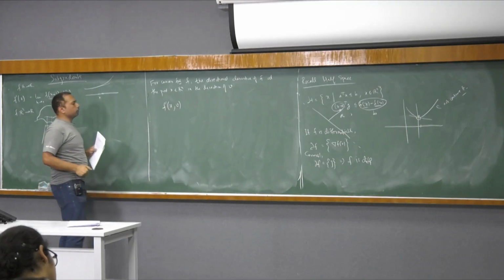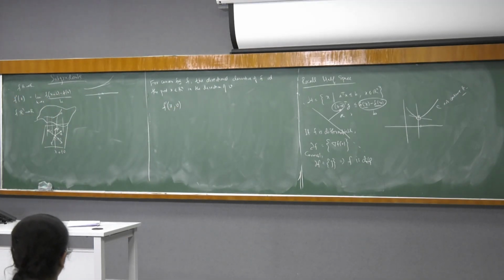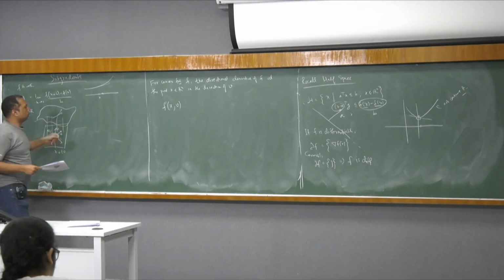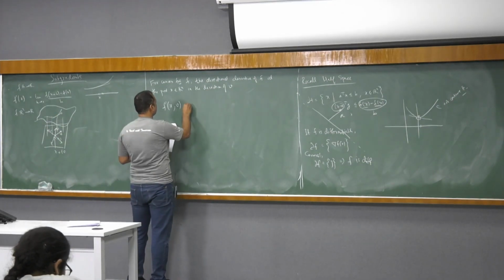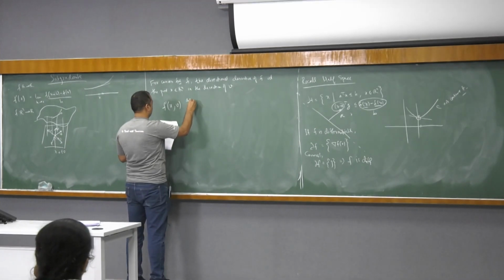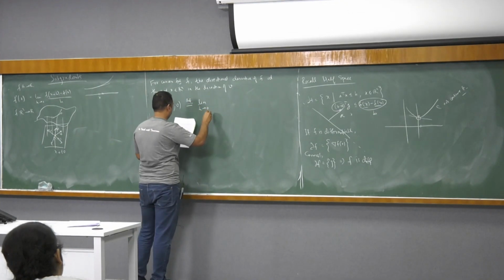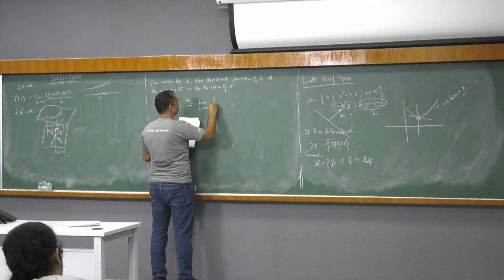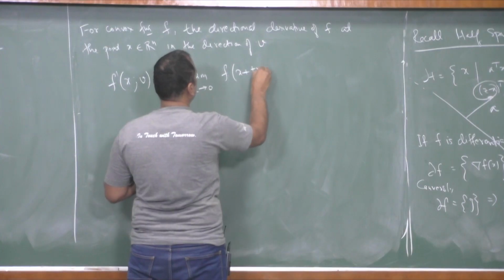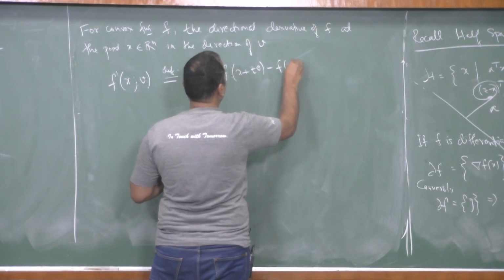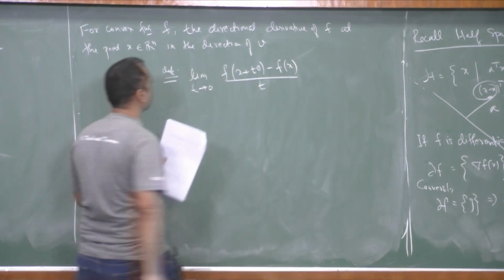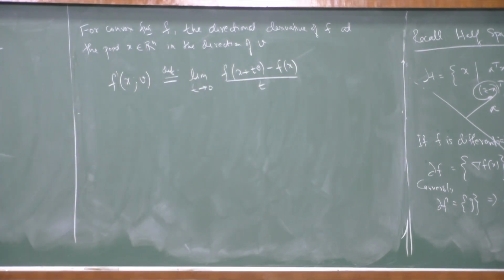We also include v, because there is a parameter v now along which I may want to check the gradient. This is defined to be the limit t tends to 0 of f(x plus tv) minus f(x), divided by t. So we have generalized the definition of a derivative to higher dimensional problems.